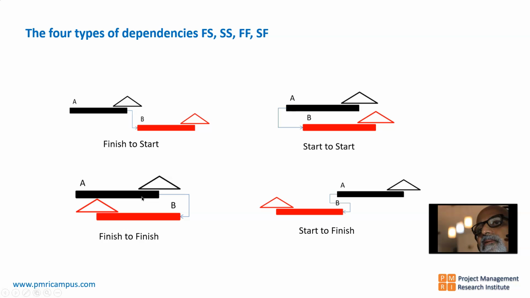Unless and until the flooring is 100% completed, I will not be able to complete carpeting. So these 2 are examples for finish to finish dependency. Then we have start to finish dependency. Something has to start for me to finish something else. Maybe when the main power supply comes in, I can stop the generator. So that is an example for start to finish dependency.